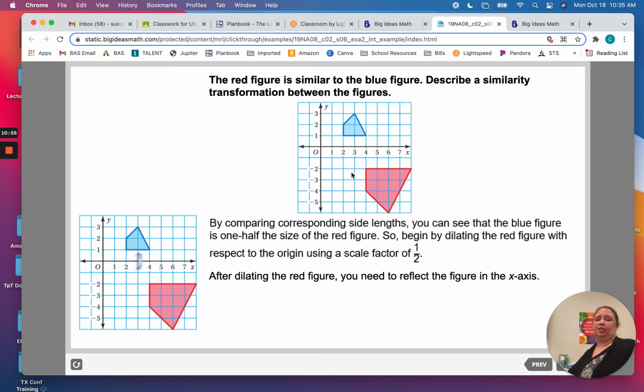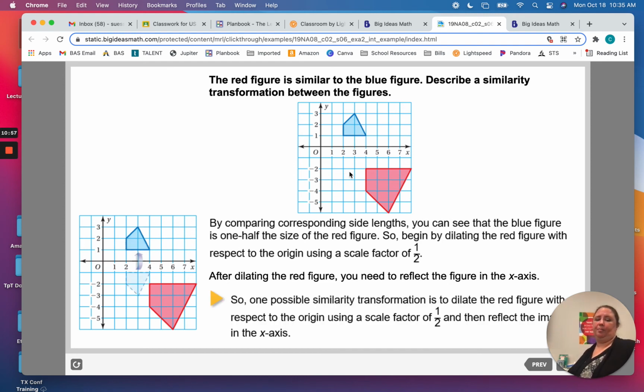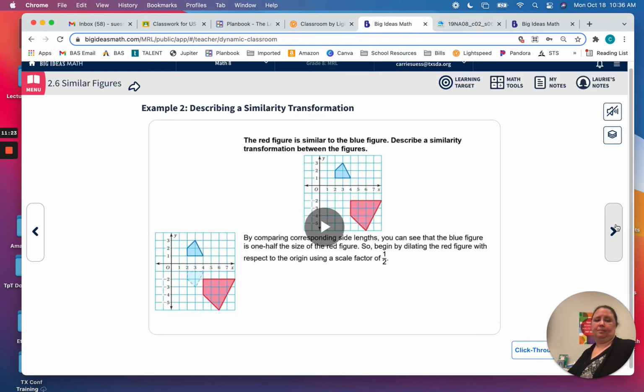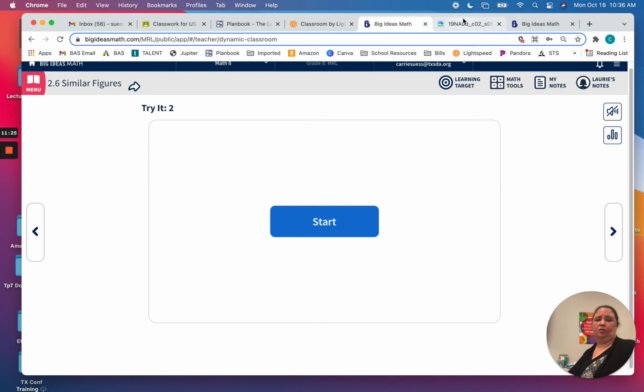So we did a reduction, and then we flipped it across the x-axis. Pretty simple, yes? Any questions? Okay, in your journals, you just say the red figure reduced by 1/2 and reflected across the x-axis. Okay, and then you can go try number 2.